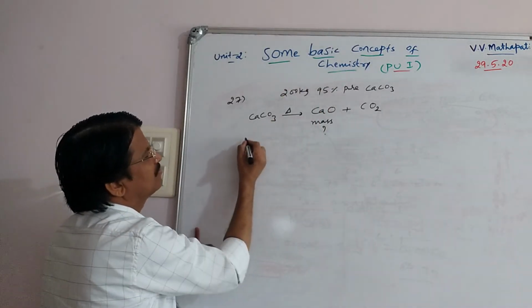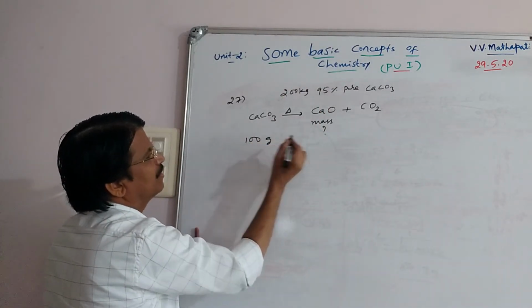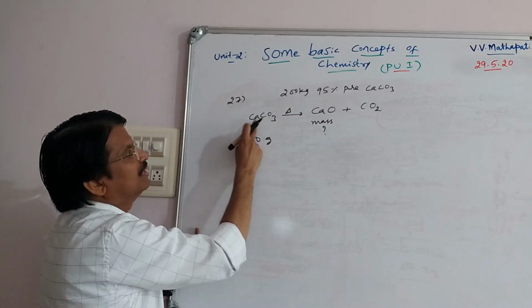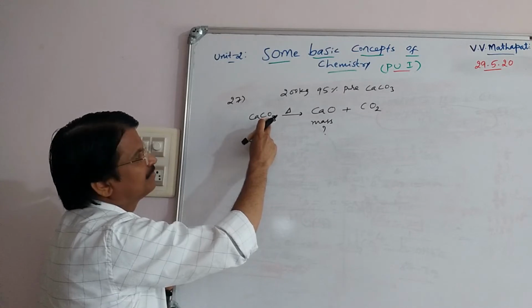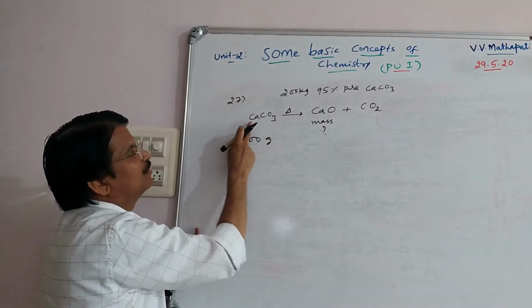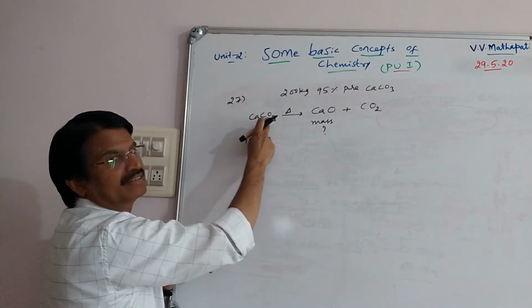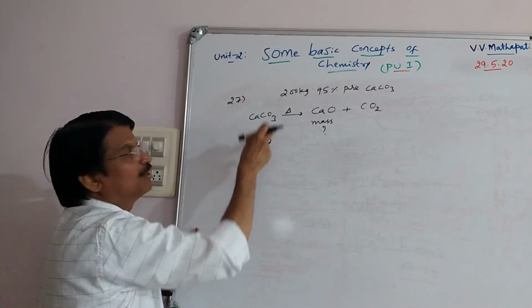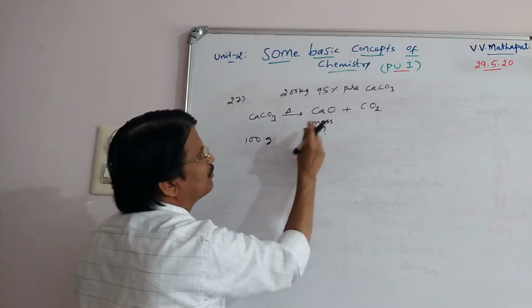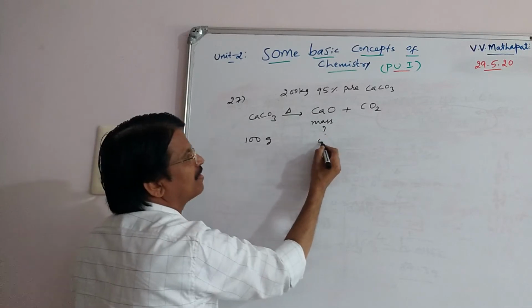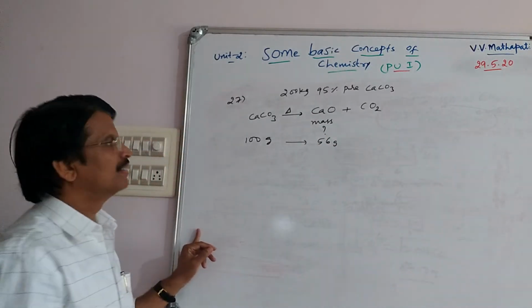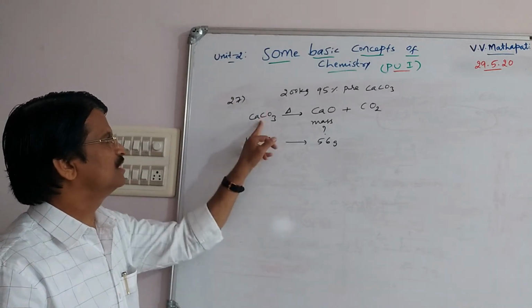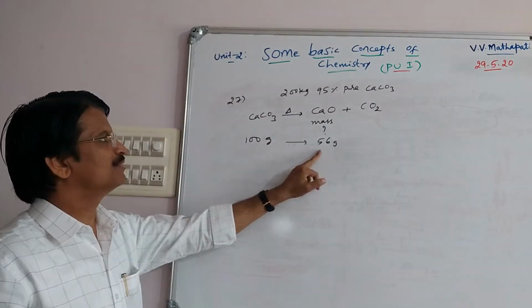Theory says 40 plus 12 plus 48, total 100. 100 is the molecular mass of CaCO3 and CaO is 40 plus 16, 56 gram. If you take 100 gram of CaCO3, we get 56 gram of CaO.